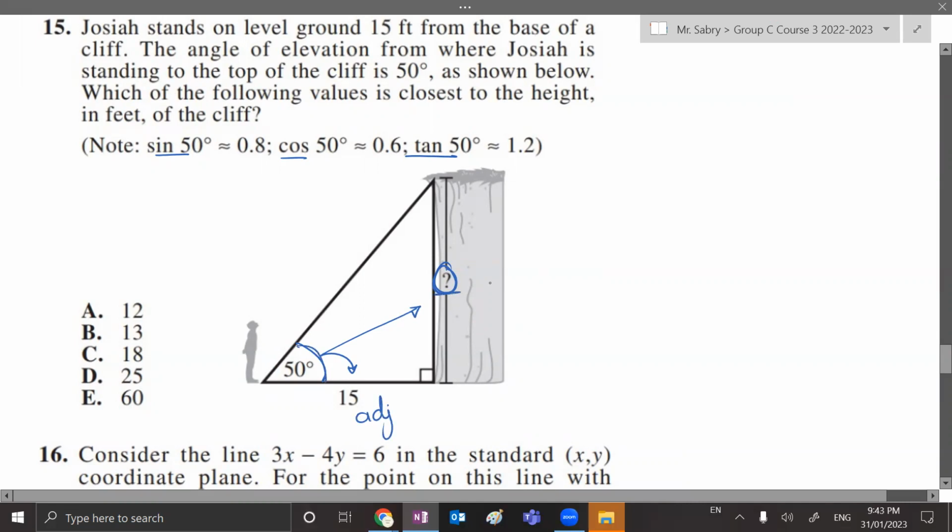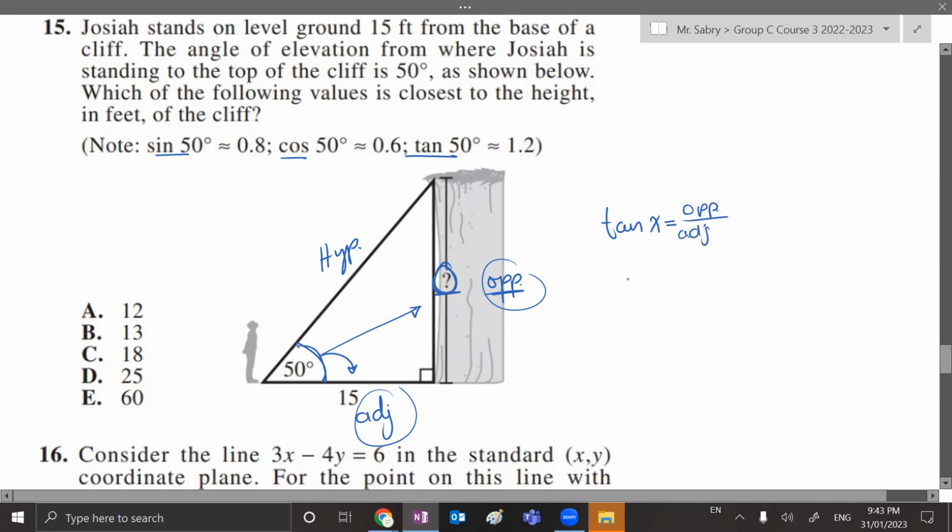And this side here is considered the opposite to this angle, while this side is the hypotenuse. So which trigonometric ratio includes the adjacent and the opposite? It's definitely the tan.